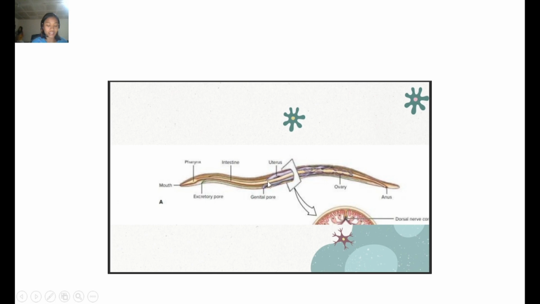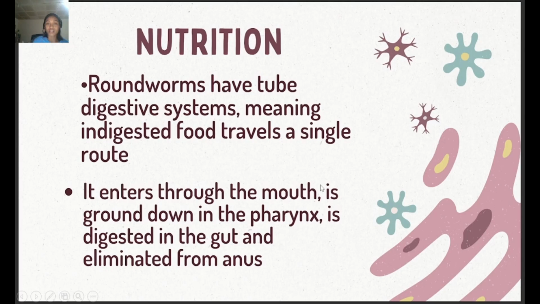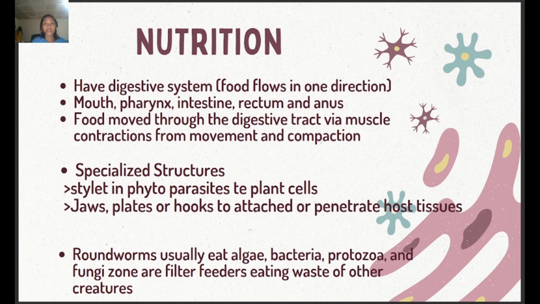And of course, after that, it will be eliminated through the anus. So, what is it? One direction. Food moves through the digestive tract via muscle contraction from movement and compaction.